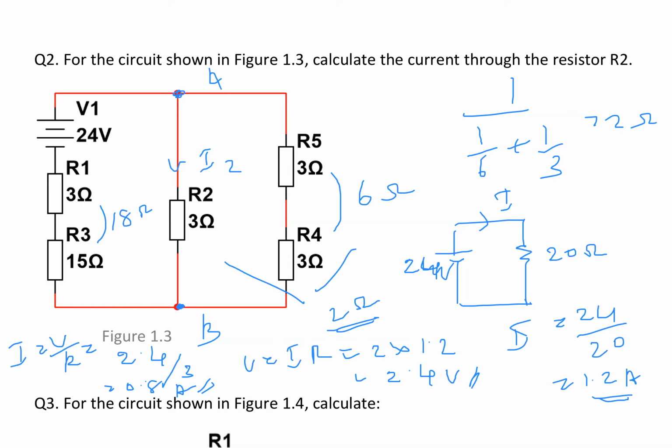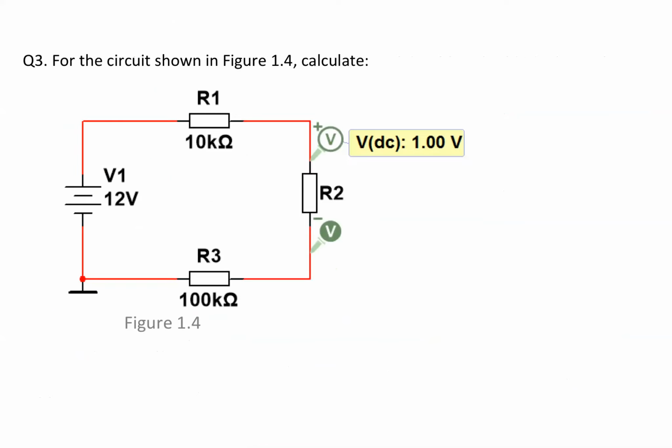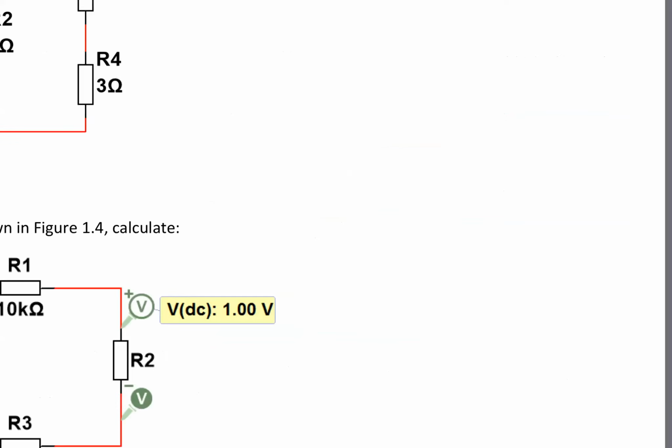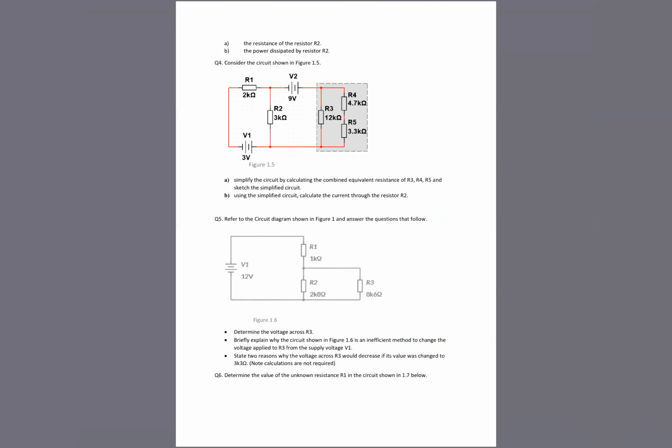Now try this one for the circuit shown in this figure. What we need to calculate here is R2 and the power dissipation through R2.